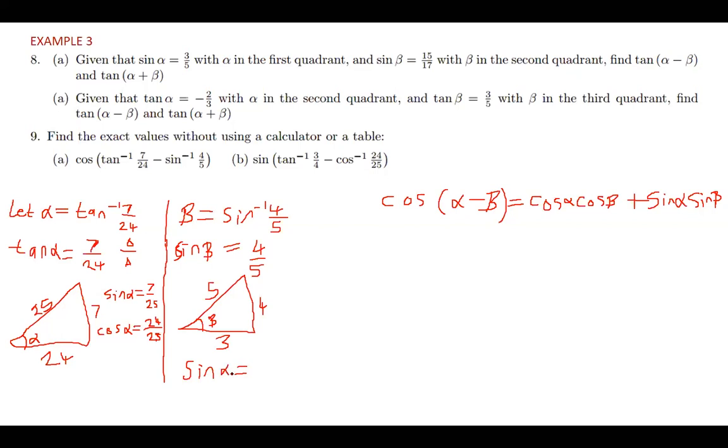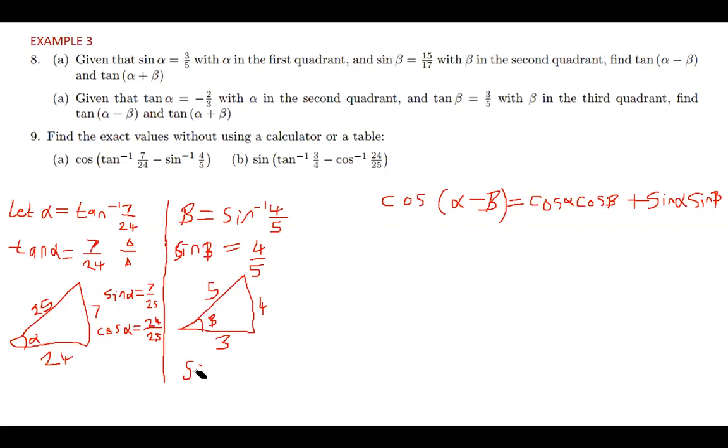Sine alpha we've already found here, and sine beta is already there. Meaning what I'm finding is cos beta, sorry for that.